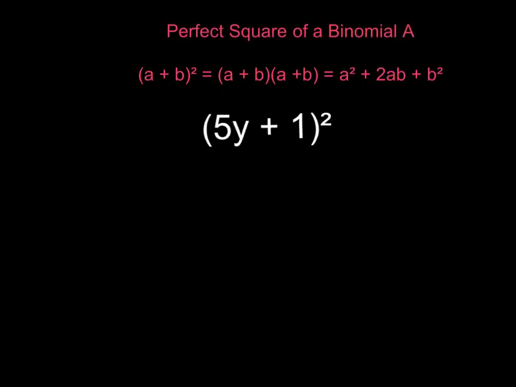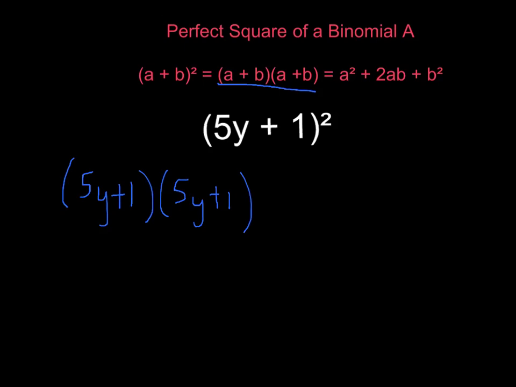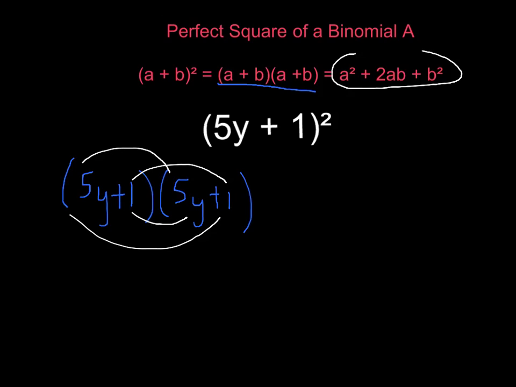Our second example is 5y plus 1 squared. And remember, anytime you have a binomial squared, it means you just have that binomial multiplied by itself. So if you want, you can write it out twice, 5y plus 1 times 5y plus 1, and then you can do the full FOIL: first, outside, inside, last. But if we don't do FOIL, you can also get the solution using this special case.